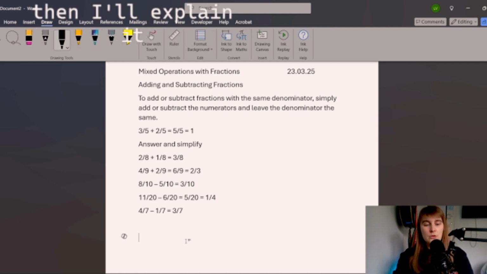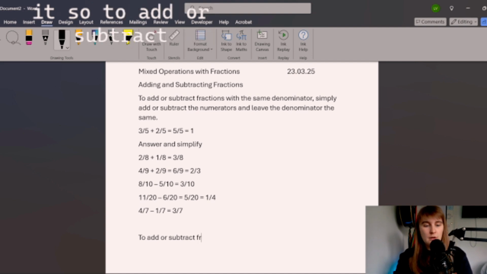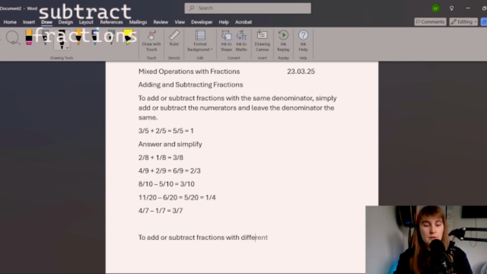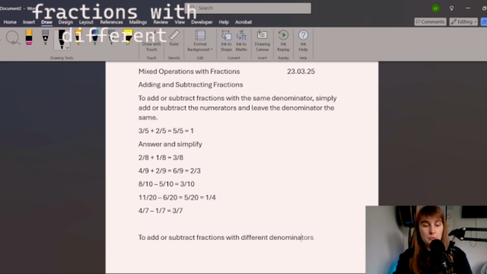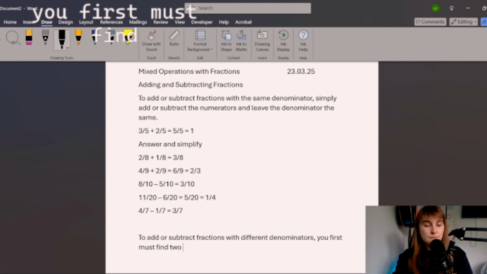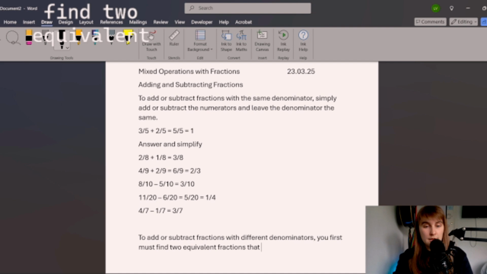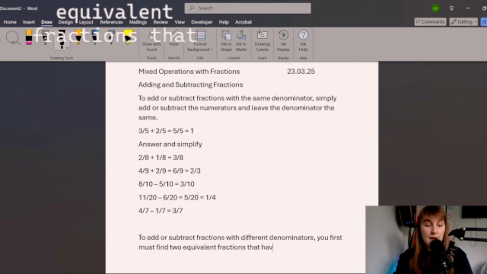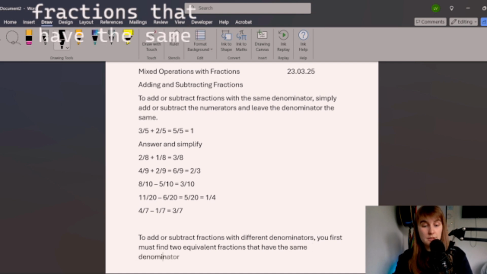So to add or subtract fractions with different denominators, you first must find two equivalent fractions that have the same denominators.